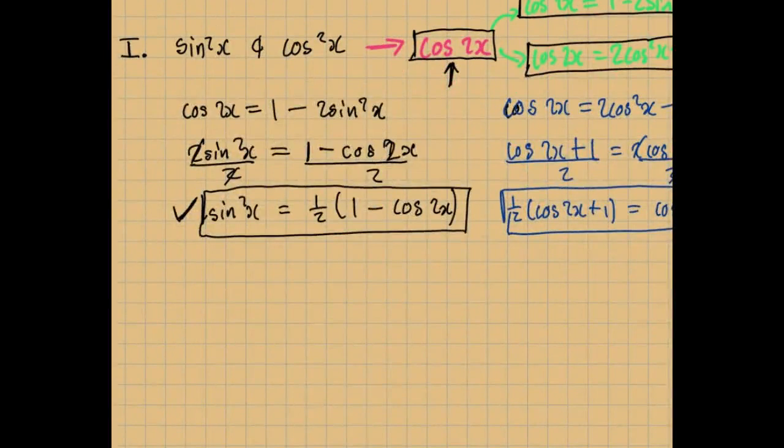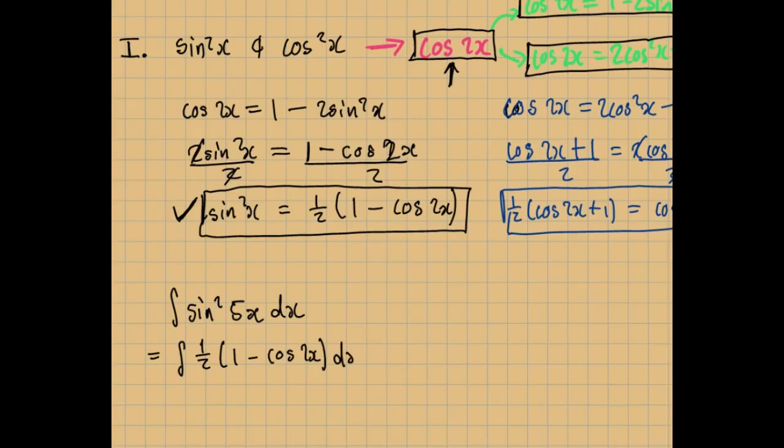Once you're like this, if you now get an integral, for example, they say, what is the integral of sine squared, let me say, 5x with respect to x? Well, you know that anything that has a sine squared, you replace it with half of 1 minus cos 2x, which you would have made the subject, right? So this will be equal to the integral of half multiplying 1 minus cos 2x, all with respect to x.